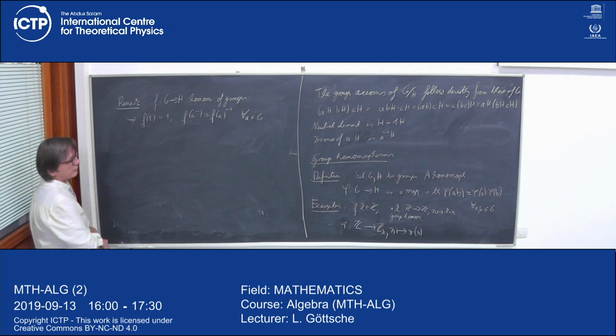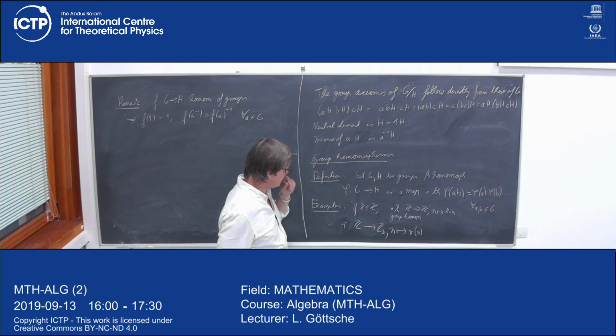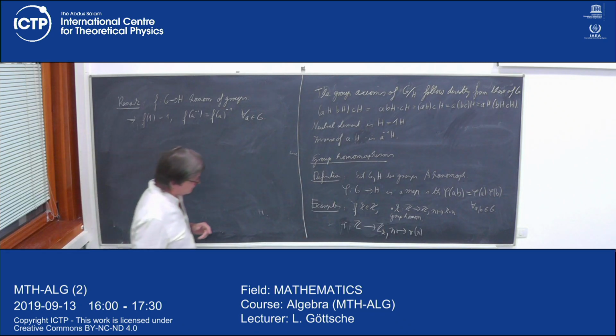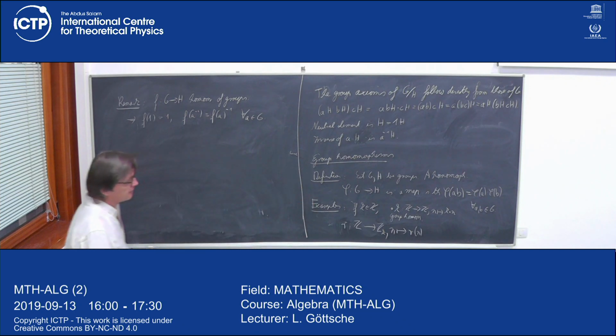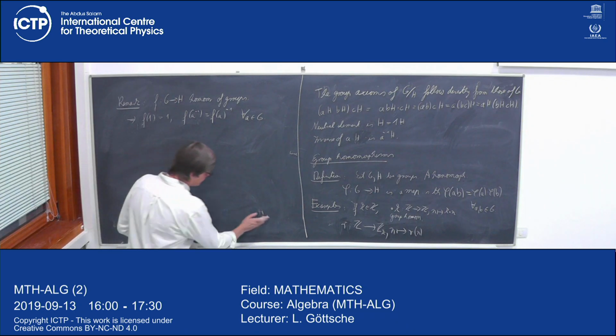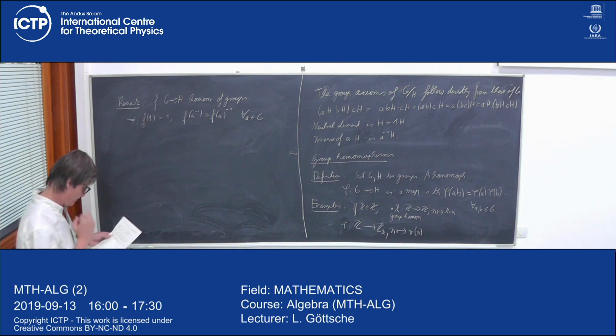Obviously, if you have homomorphisms, which are maps, you can try to compose them. The composition of homomorphisms will be a homomorphism. And if such a homomorphism is bijective and has an inverse, then it's an isomorphism, and the groups are called isomorphic, which means that for most purposes we can view them as the same group.